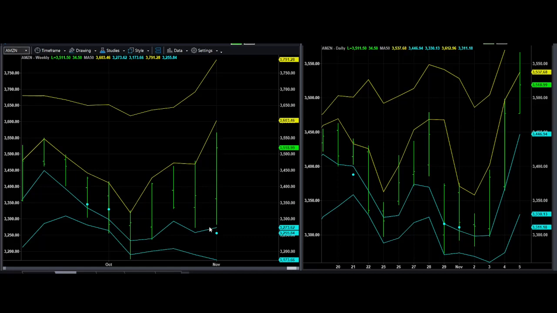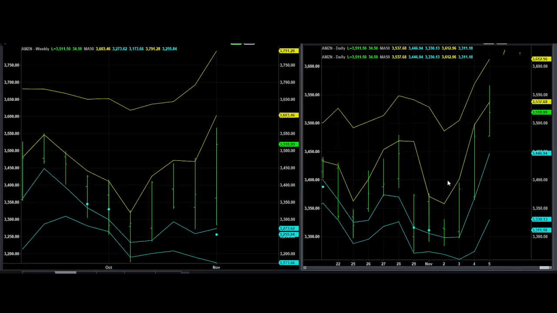So let's go to the analysis of the current status and the prediction for Amazon stock. You see during the first week in November, Amazon stock has a very good increasing trend. This is a daily chart. This is November's first day, and the moving average moves up, so it has a good increasing trend.